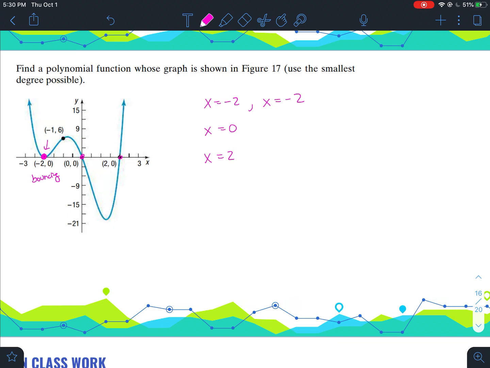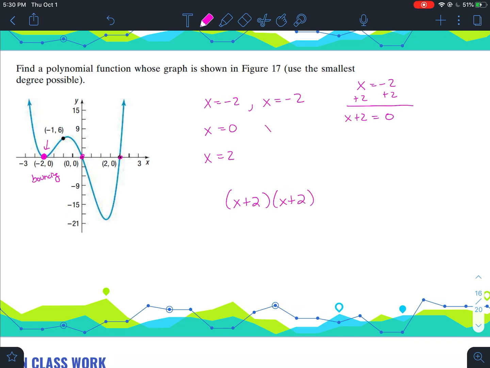So those could be my zeros or my factors. But remember, to find those, if you were actually going to solve, you set them equal to 0 and solve. If I had x equals negative 2, to get that back to equal 0, I would add 2 to both sides. So one of my factors had to be x plus 2. Since that had a multiplicity of 2, I could write x plus 2, x plus 2.